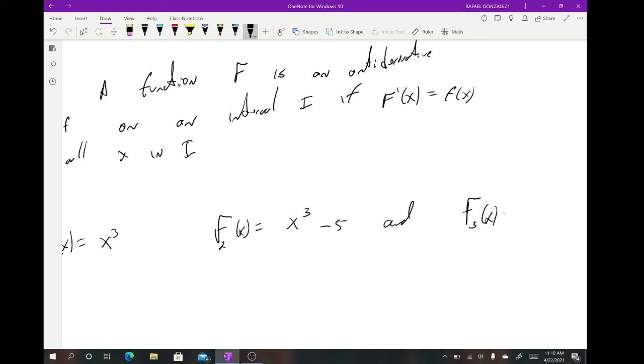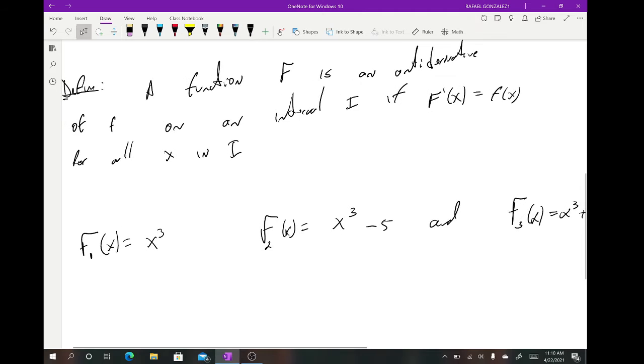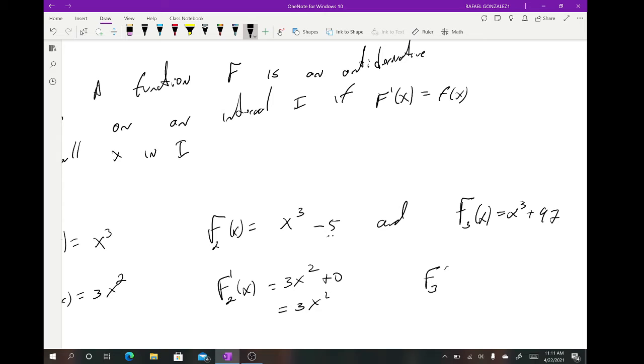F3 is going to be equal to x cubed plus 97. If we take the derivative of F1, then F1 prime of x is going to be simply 3x squared, just as before. Now the derivative of F2 of x is going to be 3x squared plus 0, because the derivative of negative 5 is 0, so that's just 3x squared. And the derivative of F3 of x is also going to be 3x squared, because again the derivative of 97 is just 0.